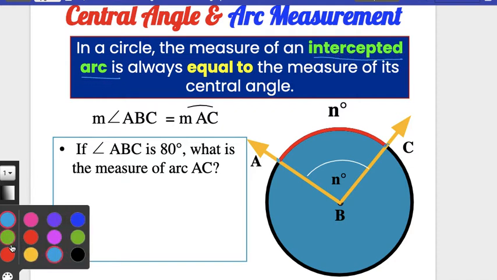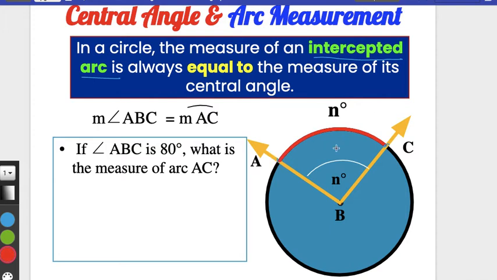I'm going to repeat: the two endpoints of these two radii enclose a smaller piece of the arc, called the intercepted arc, and its measurement is always equal to the central angle.